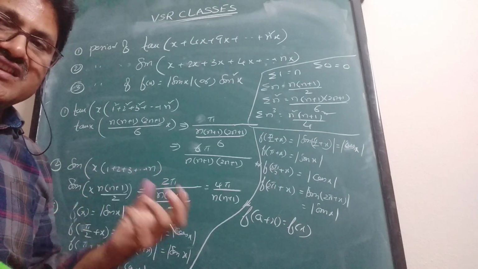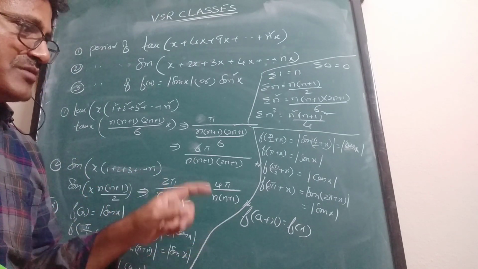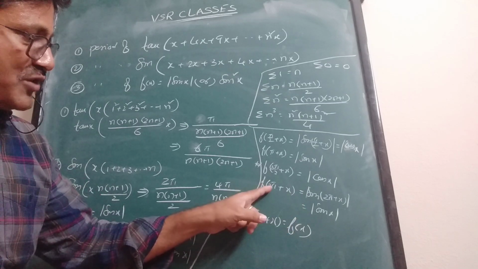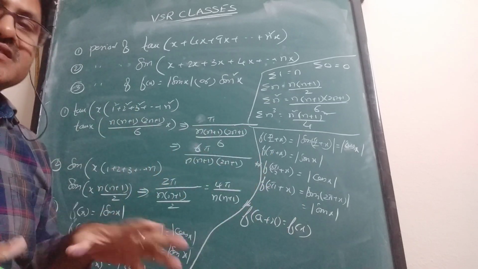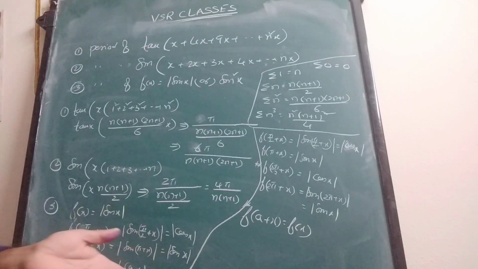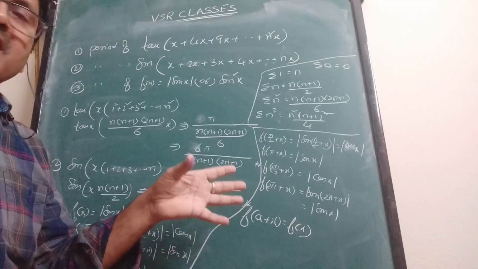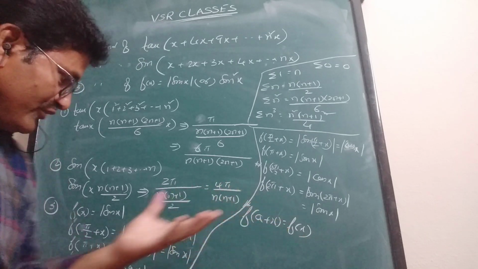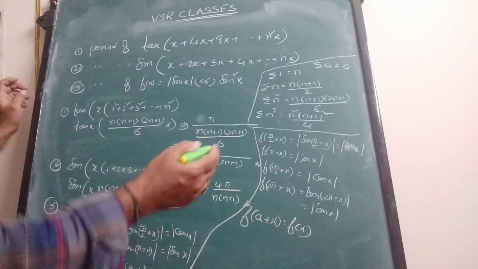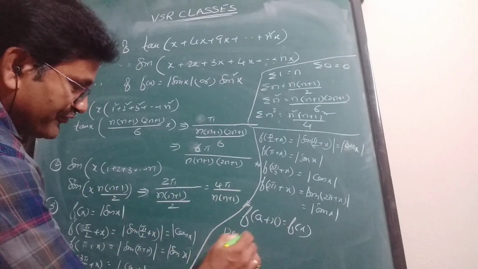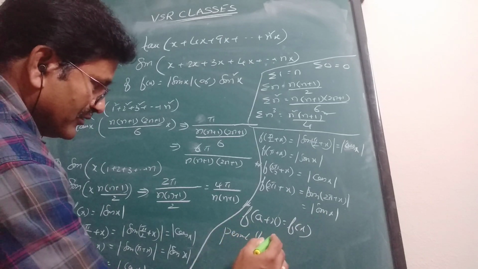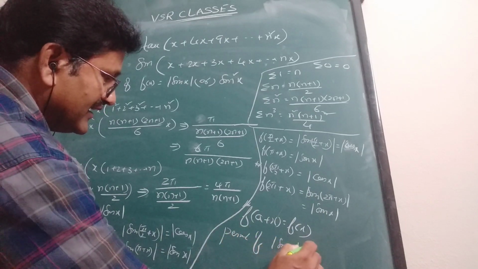Among these two, the least positive is 2 pi or pi, least means smaller, so pi. So we have to take pi as the least positive integer. Now we will take the result as its period. Period of mod sin x is pi.